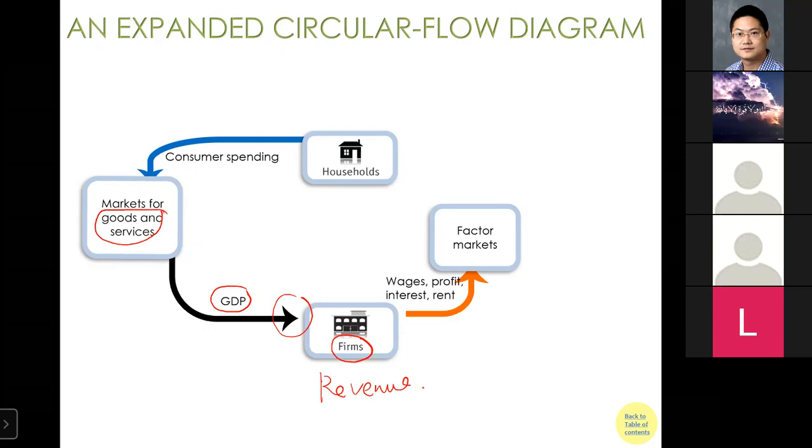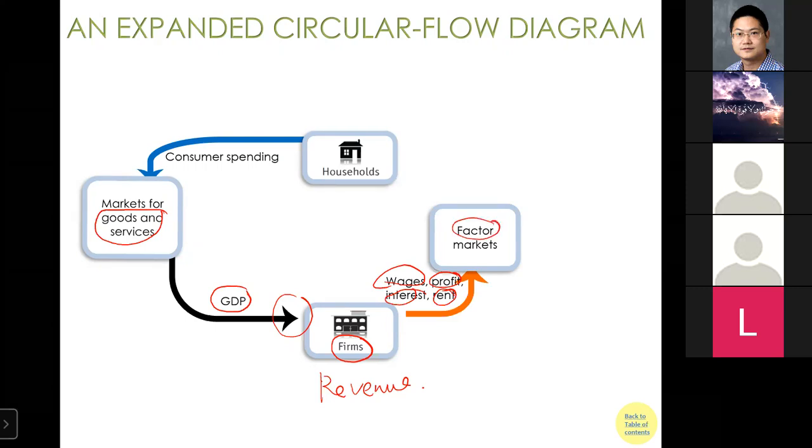But a firm must pay wages, profit, interest, and rent, to whoever the firms rent, hire, or purchase those factors from.